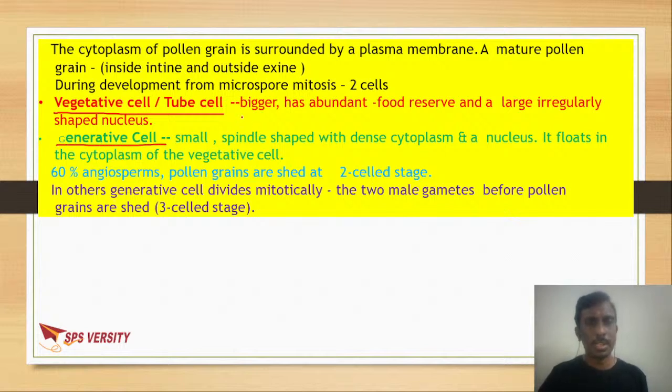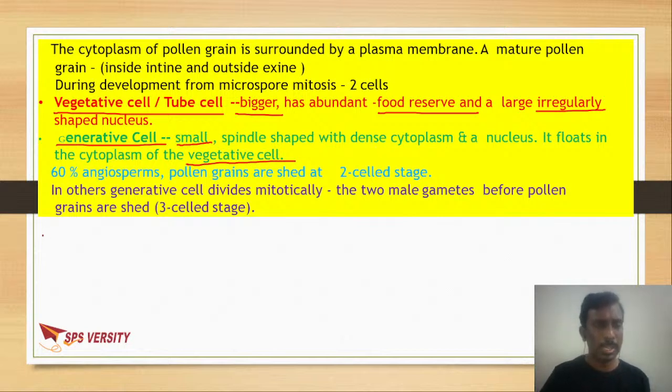The vegetative cell is large, has abundant food reserves, and its nucleus is irregular in shape. Whereas the generative cell is small, it has a nucleus, and it floats in the cytoplasm of the vegetative cell.